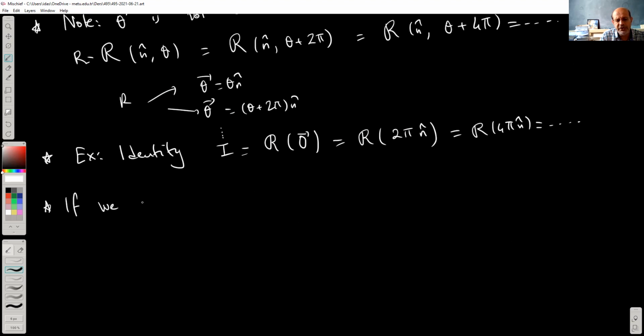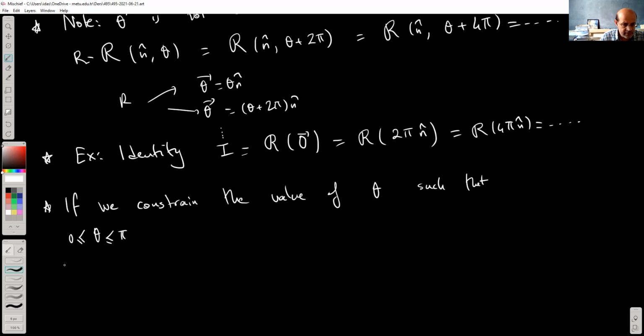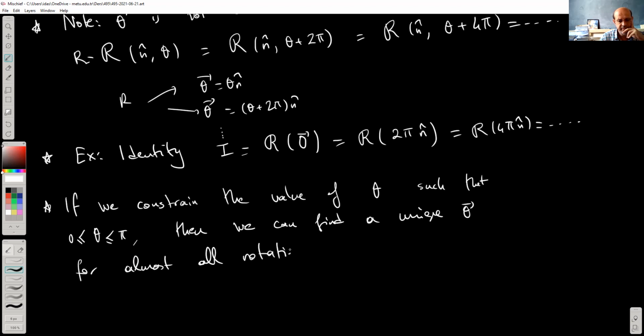If we constrain the value of theta such that theta is less than or equal to pi, then we can find a unique theta for almost all rotations. I'm adding almost because I'm going to explain this in a moment.